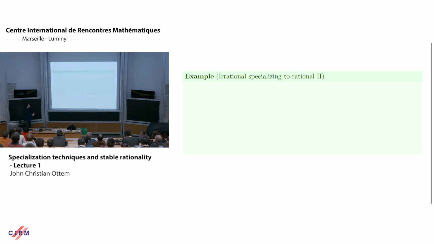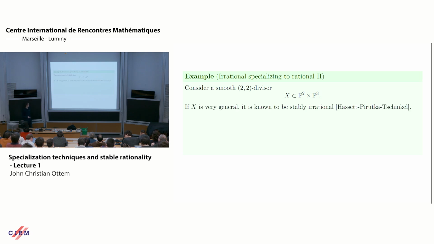Okay, but here is a more wild example, in my opinion. So if you take a 2-2 divisor in P2 cross P3, that means that we have two sets of variables, x's and y's, and we take some equation which is of bidegree 2 and 2. Then Hassett, Pirutka, and Tschinkel proved that if you choose this equation to be very general, then X is stably irrational.